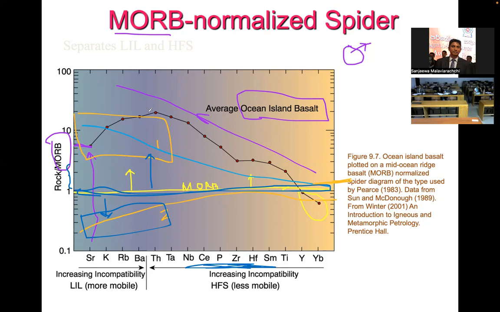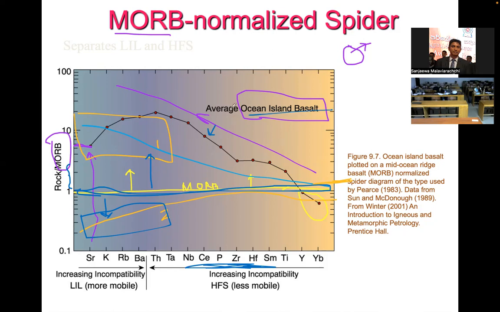if you think this is an ocean island basalt, what has happened to the composition? If you compare it with the ocean island basalt, actually this is not a representative ocean island basalt, because although this is one representing one ocean island, it is not the exact ocean island basalt composition.